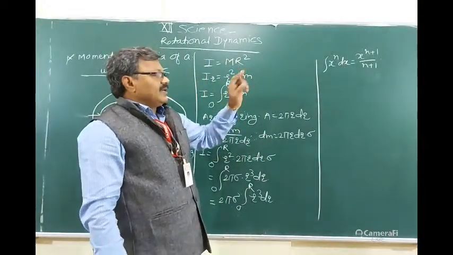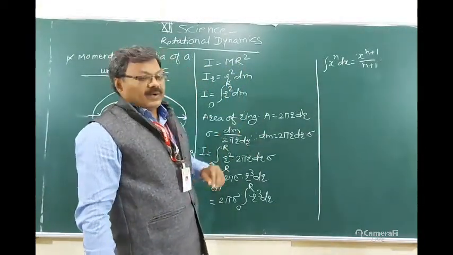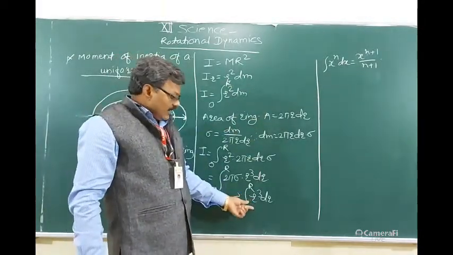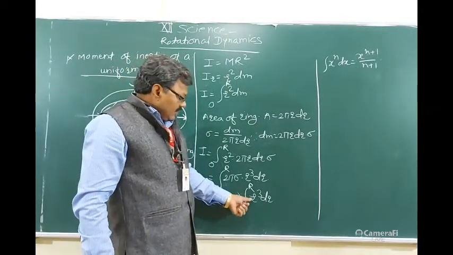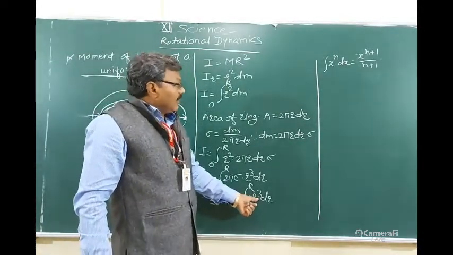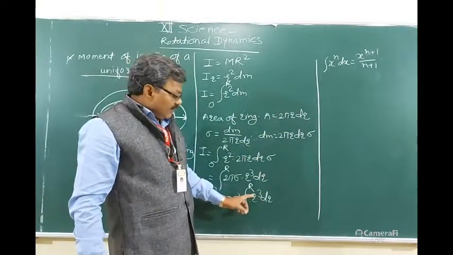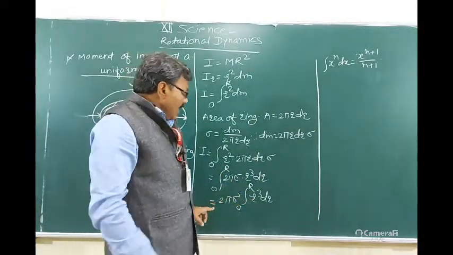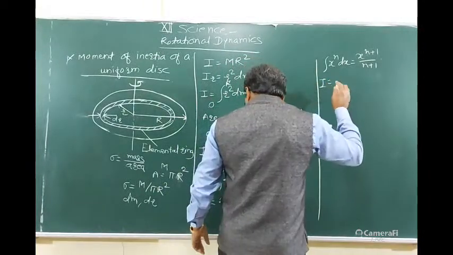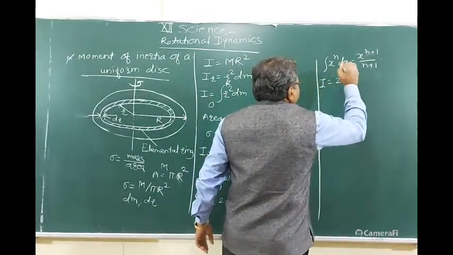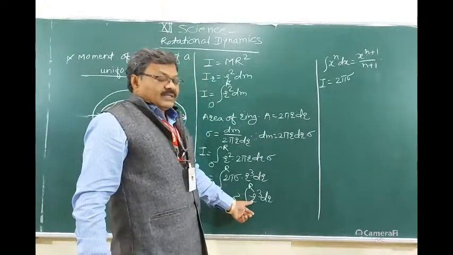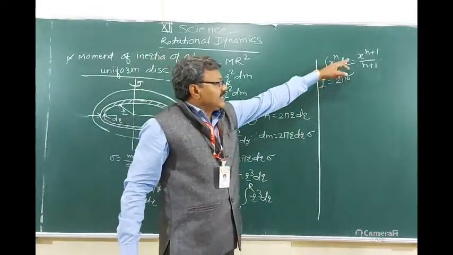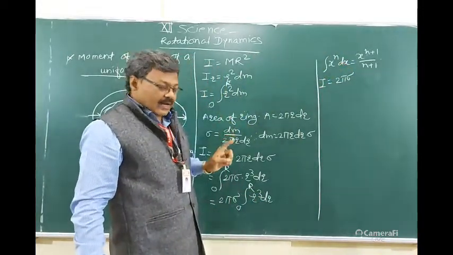In this case, r is used instead of x, and in the term r cube, n is 3. Using this formula, we can write the integration of r cube. So I is equal to 2 pi sigma times the integration of r cube, which, taking r raised to n, is r raised to n plus 1 upon n plus 1.